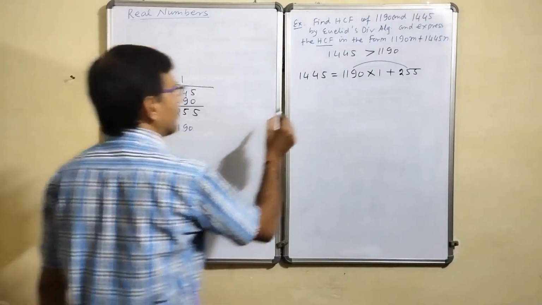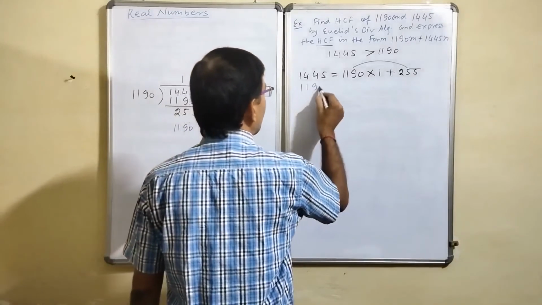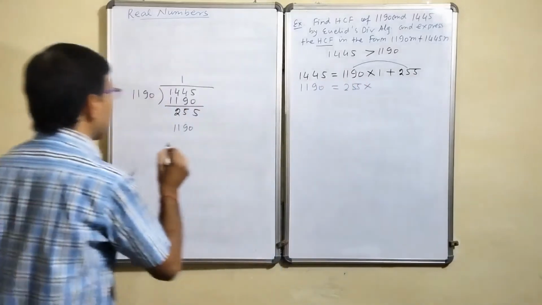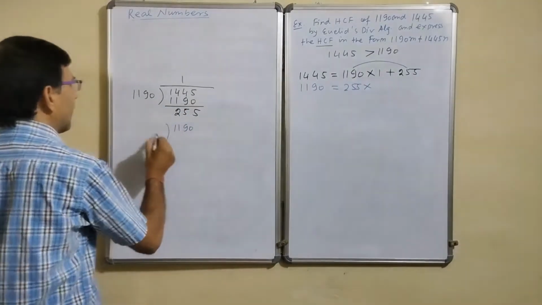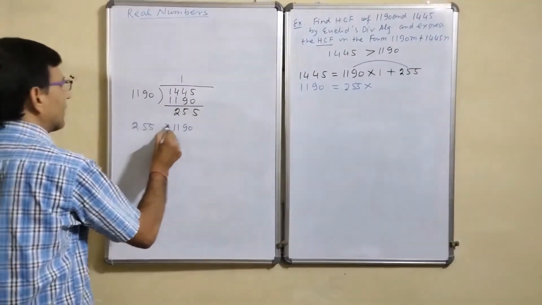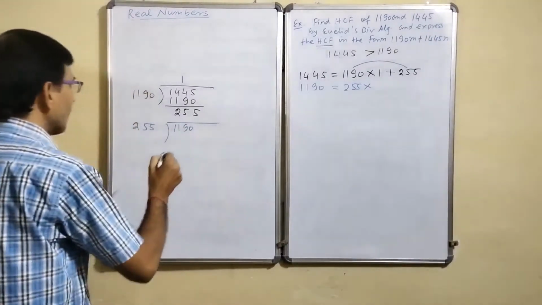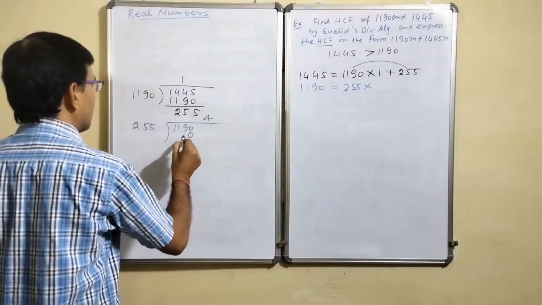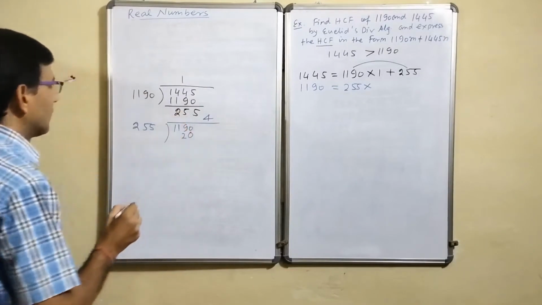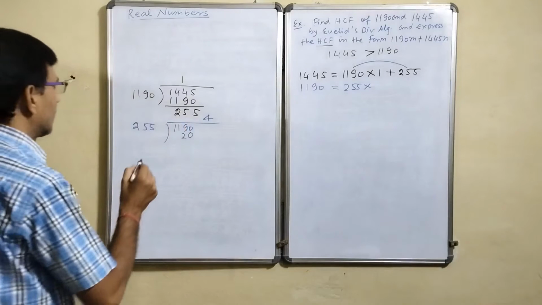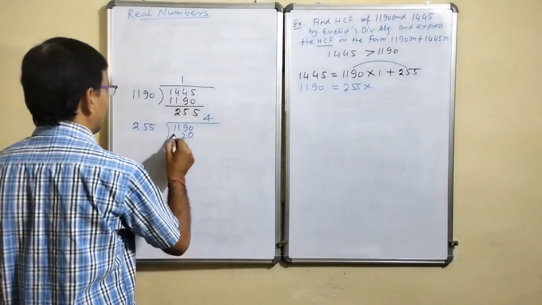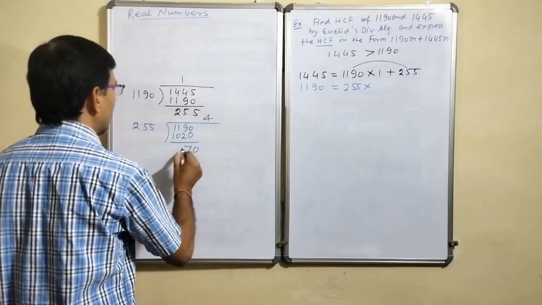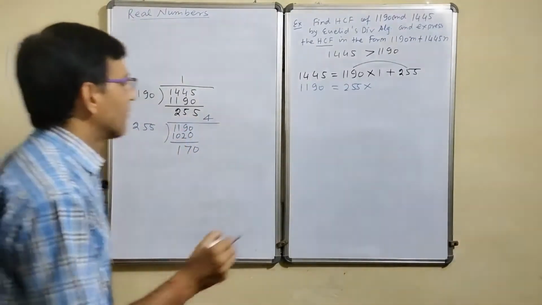1190 divided by 255, 4 times, 1020. So the remainder is 170.